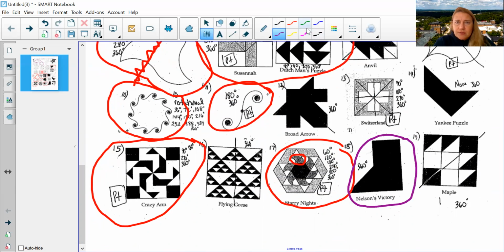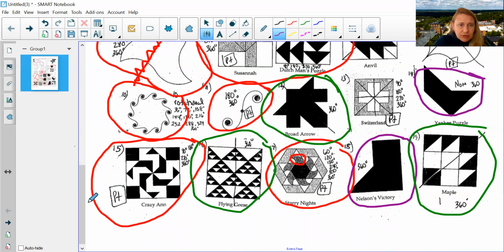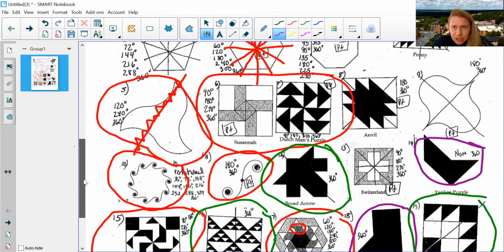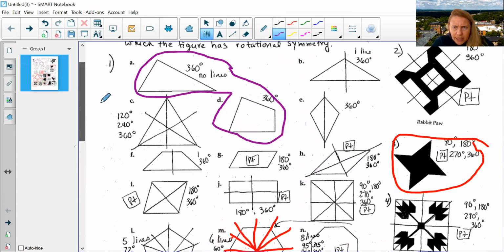But then what we also see is that figures that have 1 line of symmetry have only 360 degrees of rotational. Let's see, this one should be circled green. This one should have been circled purple. I probably won't try to circle every single one on the page that fits that category, although I think I actually might have it.